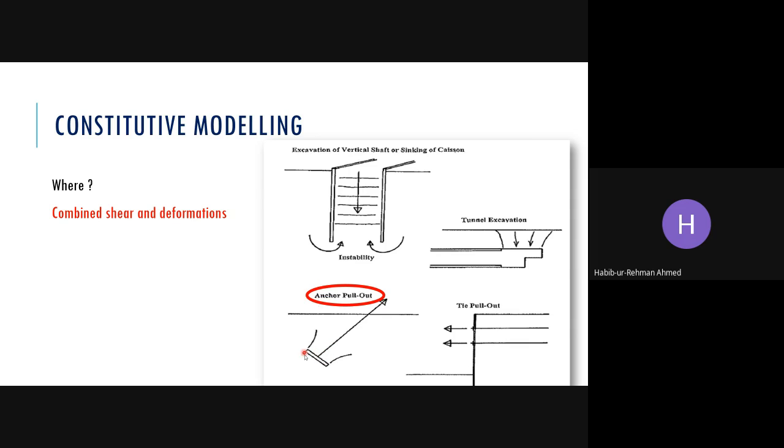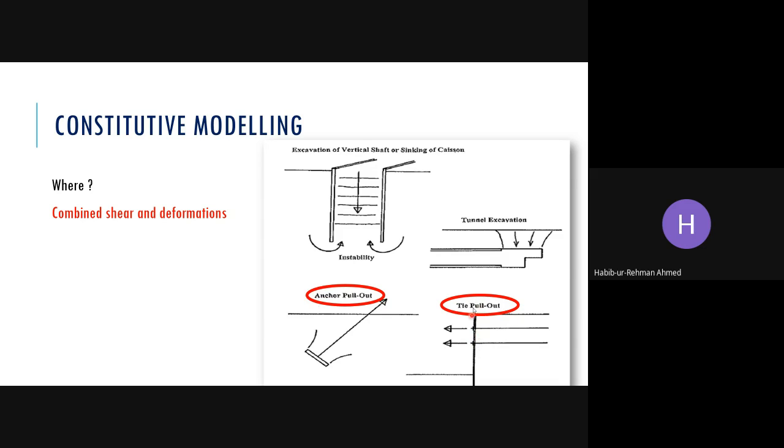Sometimes we don't care whether a failure occurs over here or not, but we do have a serviceability limit of the anchor, and if it is within that, we can accept it. Similarly, you can see the tie pull-out. I have seen most geotechnical engineers and almost 100% of structural engineers calculating the capacity of the wall just based on the shear failures, on the active, passive and at rest conditions.